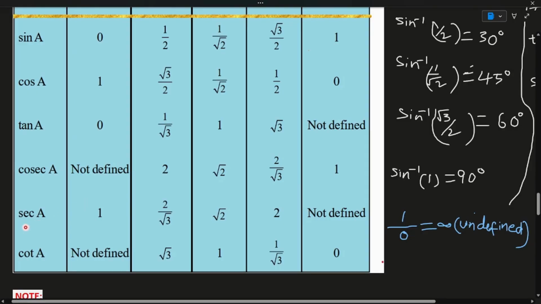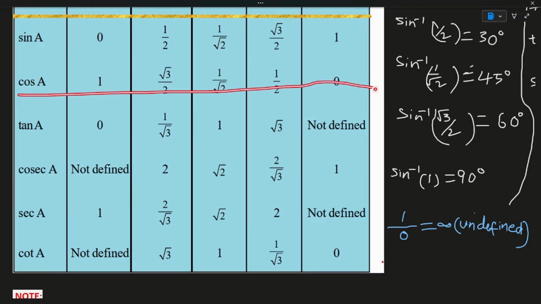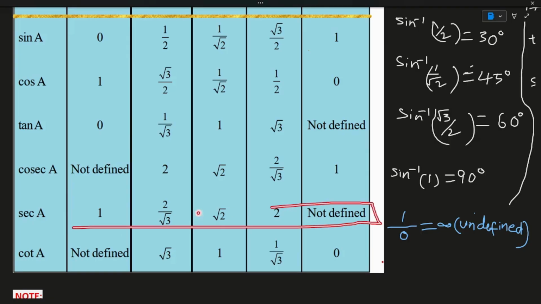Then come to the secant A. We know that secant A is reciprocal with cos A. So the entire cos A values have been reversing here, meaning the numerators became denominators, denominators became the numerators. So 1 is 1, root 3 by 2 became 2 by root 3, 1 by root 2 became root 2, 1 by 2 became 2 by 1, 0 became not defined.